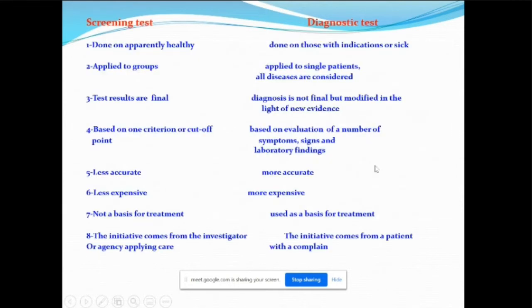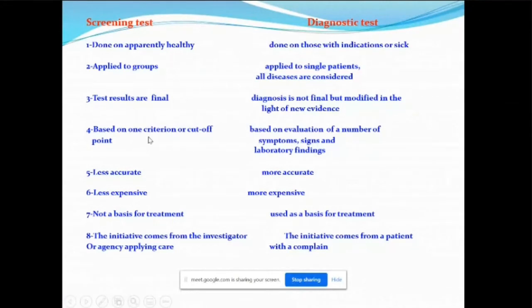I want you to know some important differences between a screening test and a diagnostic test. First, a screening test is done on apparently healthy groups of people without signs and symptoms, while a diagnostic test is applied to an individual with signs and symptoms. Also, screening test results are final and based on a cutoff point.